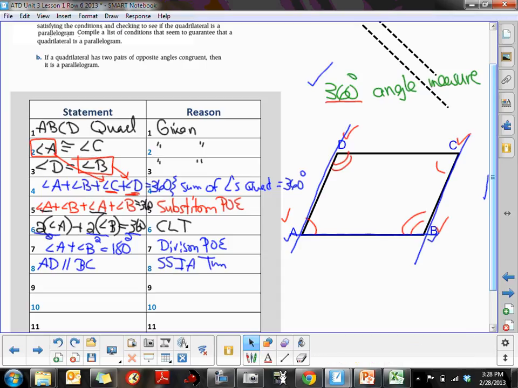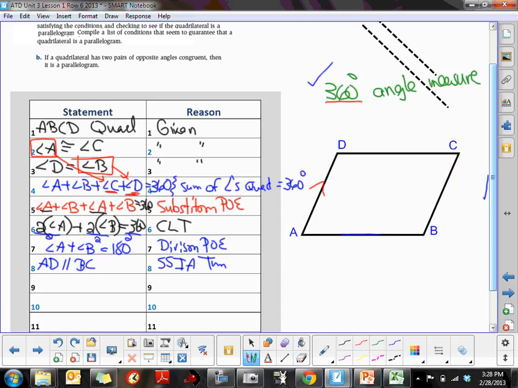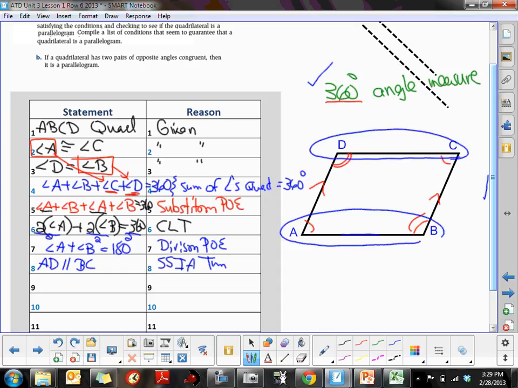So we've proven that side. Let me clean up this picture a little bit. We have now proven that side AD is parallel to BC, and we're still maintaining the facts that these angles are congruent. Well, we also need to prove that the other sides, DC, so somehow I got to get side DC parallel to AB.